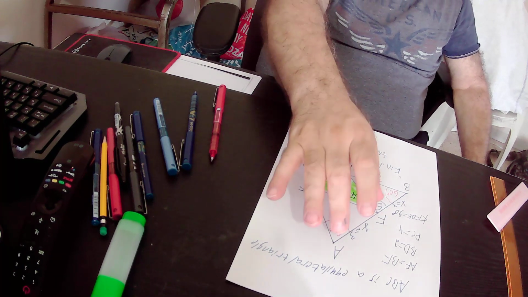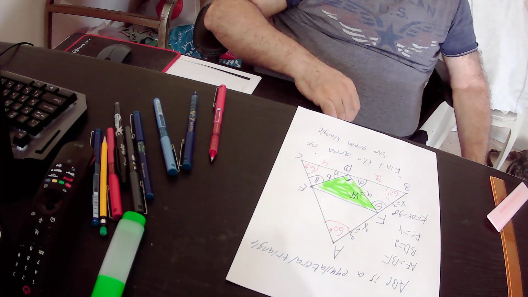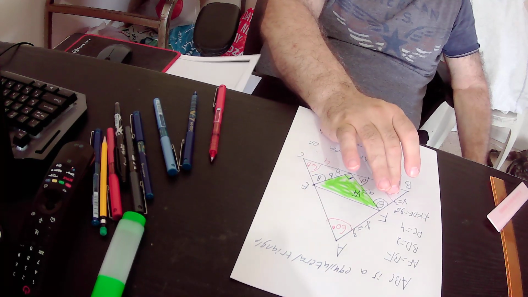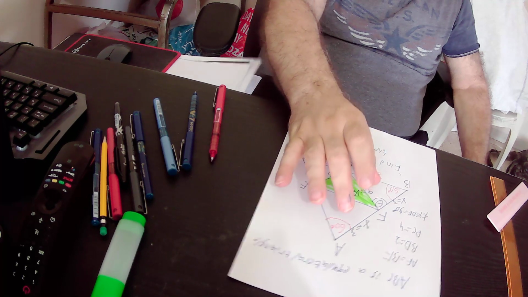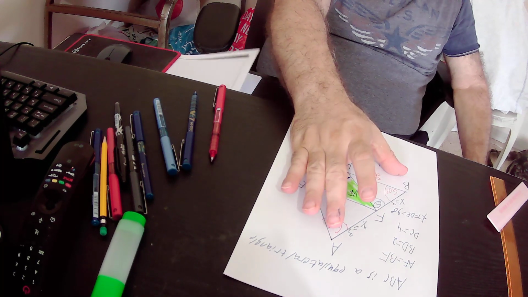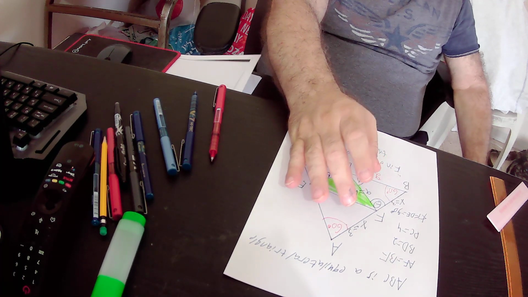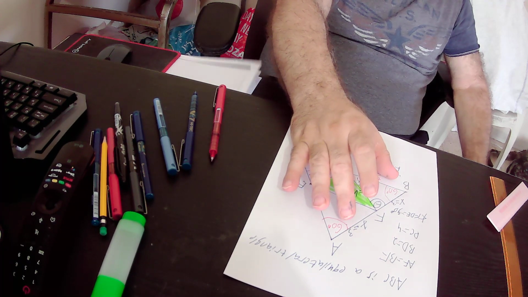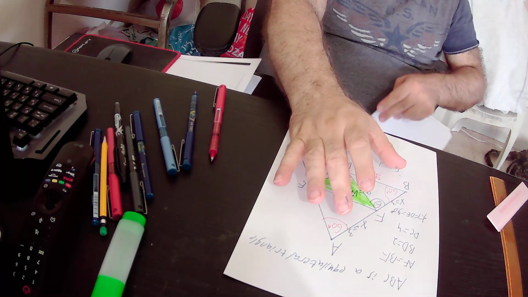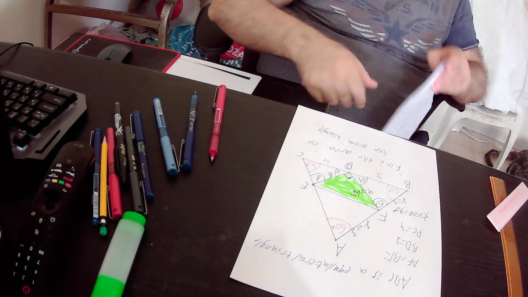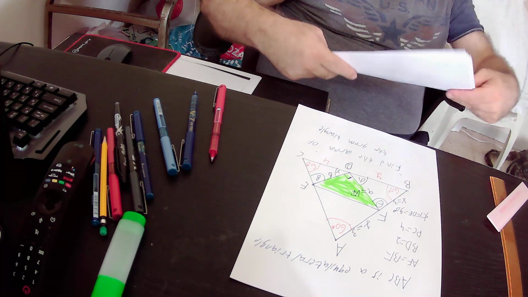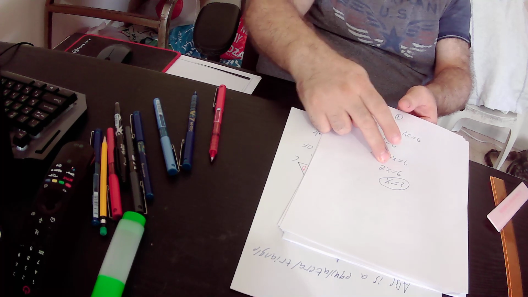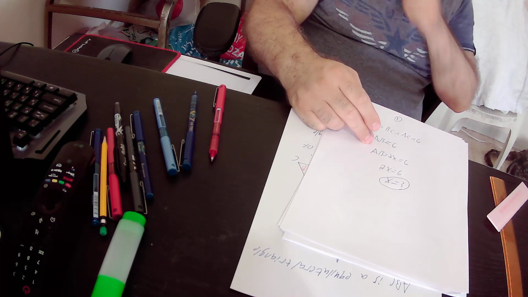We know that AF equals BF. So we defined AF as X, so BF will also be X. AF plus BF equals AB, so AF plus BF is 2X, and AB equals 6 units.